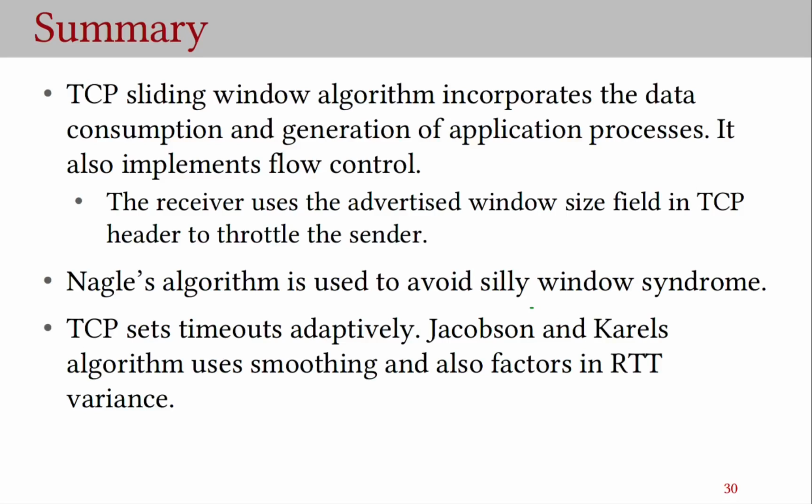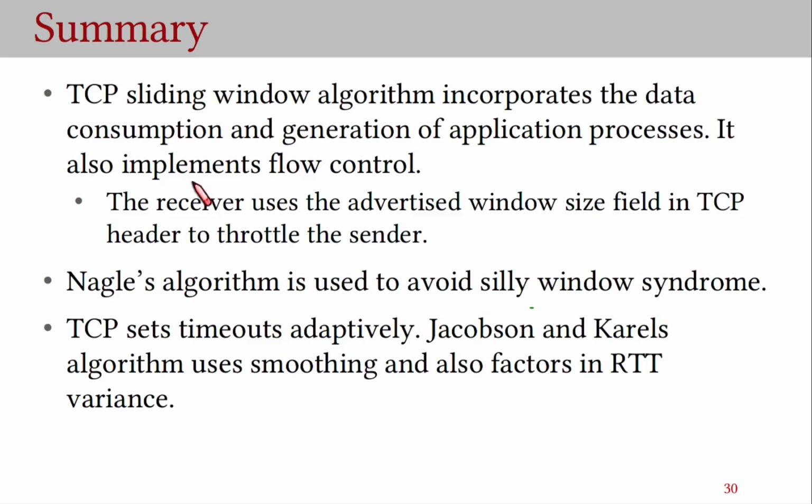Okay, to summarize, we saw that in the case of TCP, the sliding window algorithm also incorporates the data consumption and generation of the application process. This is something that is new as compared to the sliding window discussion that we had earlier.